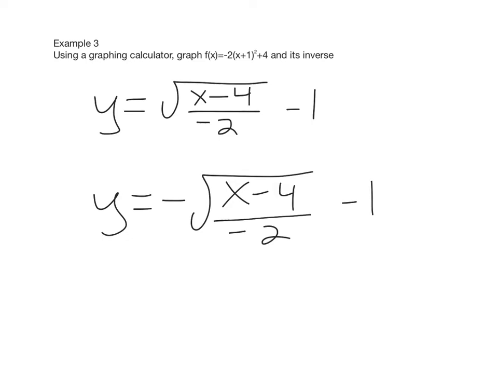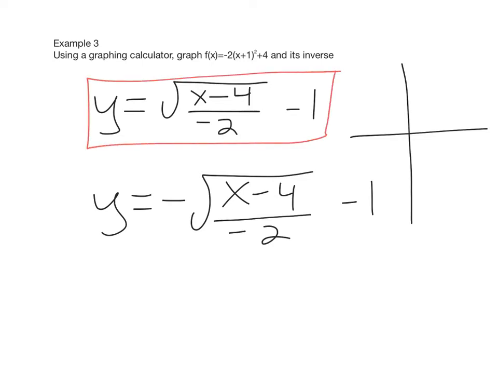Doing so is going to allow us to actually get both arms, because if we have a Cartesian plane, our first equation here, y equals the root of (x minus 4) over negative 2, minus 1, will just give us the first arm.